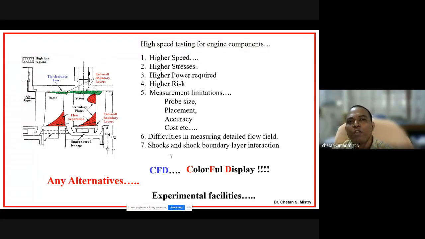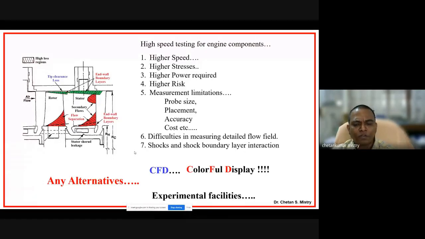You will be happy looking at those colorful pictures. But in actual conditions, when you are doing that work, it should give what you are expecting. That is possible with expertise and years of experience: what kind of solver you are using, and how well you understand the flow physics at inlet and outlet. All those things play a very important role.